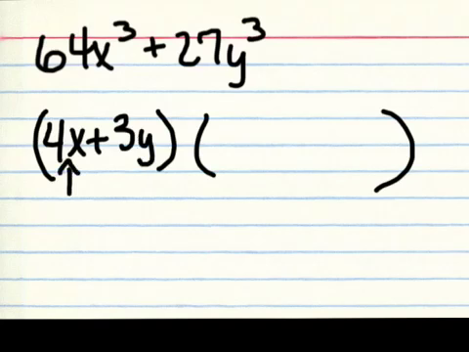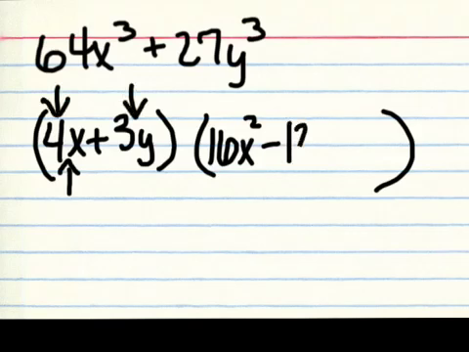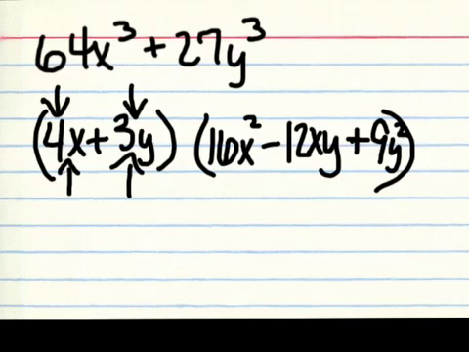Square the first part, so we get 16x squared minus this number times this number, which is 12xy, plus square this number, which is 9y squared. So your final answer should be 4x plus 3y times the quantity of 16x squared minus 12xy plus 9y squared.